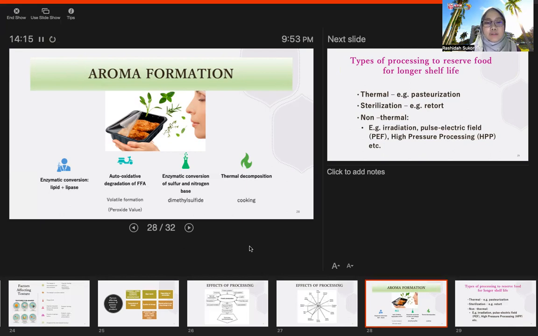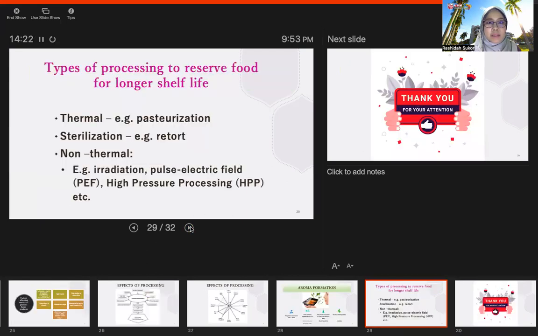So through cooking you can actually form the aroma because of the heat. Okay, I think this will be the last slide for the food processing. The types of processing to preserve food for longer shelf life. It can either be thermal or non-thermal. Most of the thermal, I have covered in the few slides before.